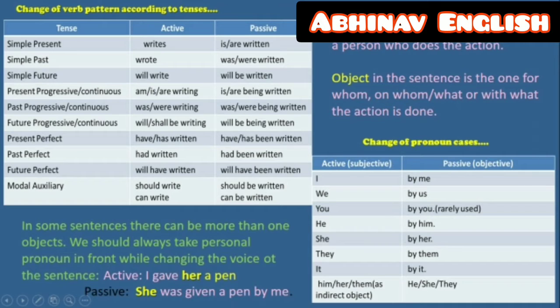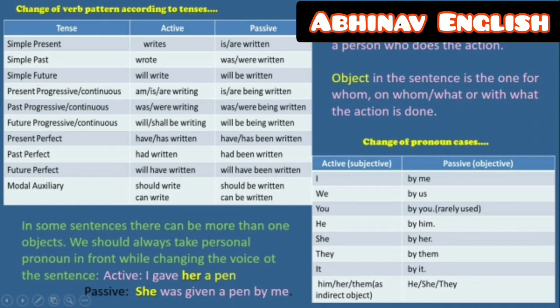Another thing that we must know: what is subject? Subject is the doer of the action in active sentence. Subject does the action in the sentence. Then what is object? Object is the what part of the sentence. We have seen in our last video, what part, who part.